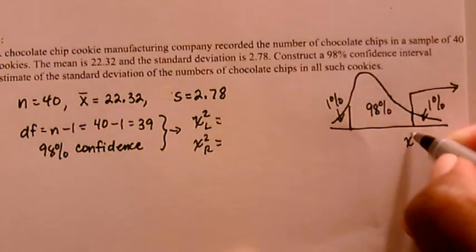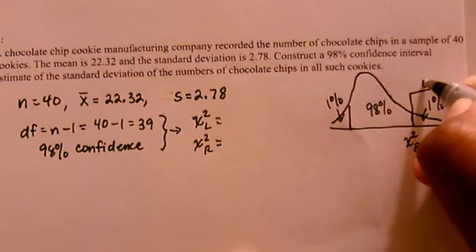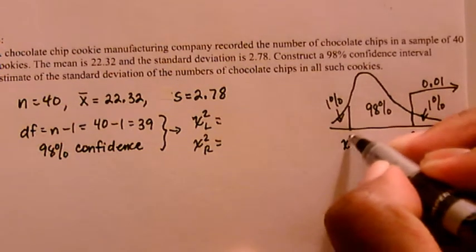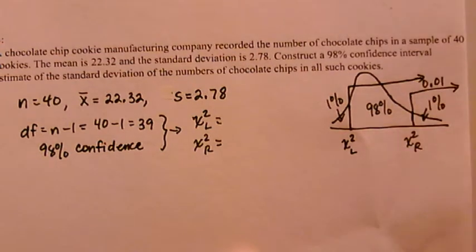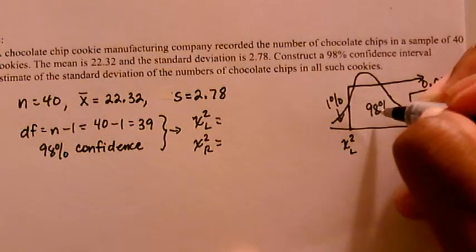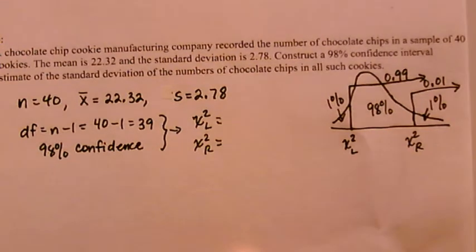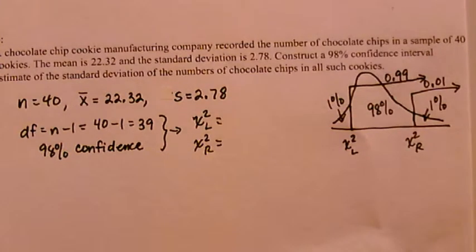So, the chi-square value on the right is the area to the right, which is going to be 0.01. And for the chi-square value on the left, we have to consider the cumulative area to the right of that. 0.98 and 0.01 will give me 0.99, because if this is 1% on the left side, the rest of the area on the right-hand side must be 99% or 0.99.